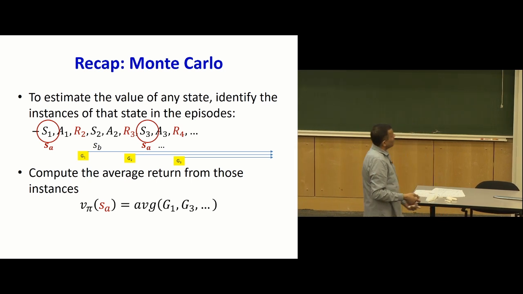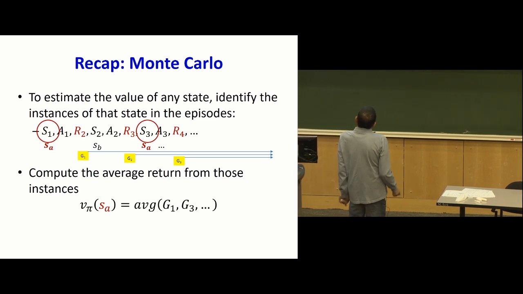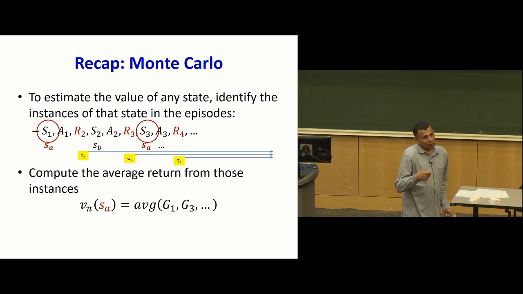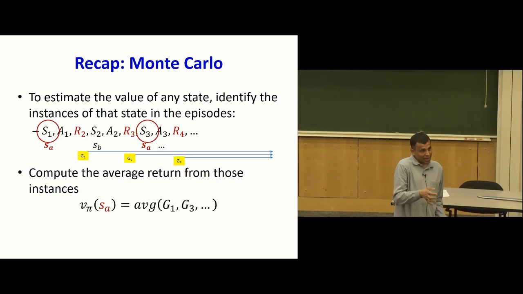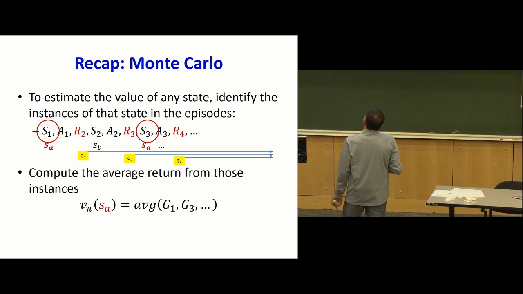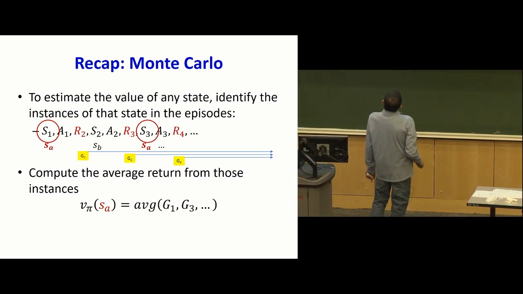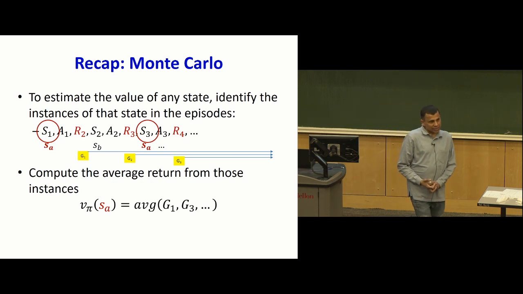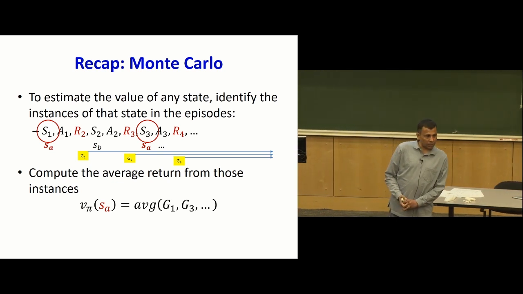To find the value of any state, you averaged the returns at all instants in the episode where that state occurred. So here, for example, state SA occurs at time 1 and time 3. So to find an estimate for the value of the state SA, you take the average of G1 and G3.